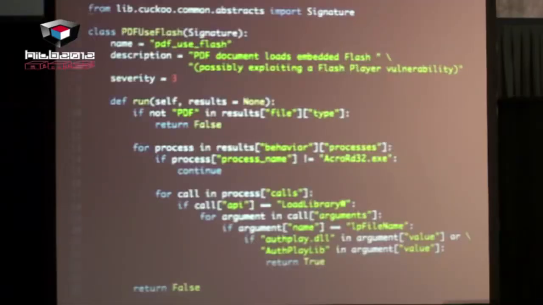I'm going through all the processes, checking if the process name is actually Acrobat Reader, going through all the API calls, checking if the API call is a LoadLibrary, and then going through all the arguments of these API calls and checking if the library being loaded is authplay.dll, which means the embedded Flash player is loaded. I'll give you a small example of that as well.